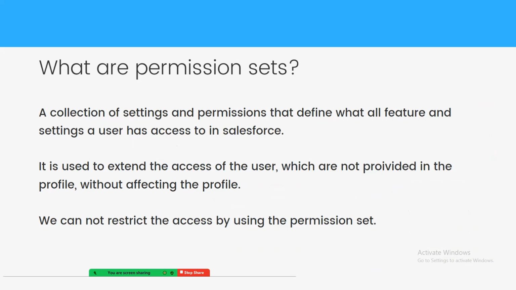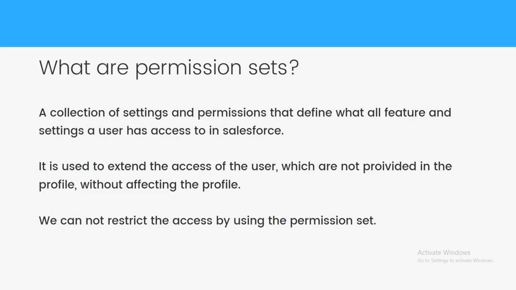Now the question comes, can we restrict the access? No. A permission set cannot be stricter than the profile, because the profile is the baseline, whatever access the profile has, you will be getting that. Now you cannot restrict those access or those permissions, but you can only add to it with the help of permission sets, and there are other things like sharing rules, etc. for sharing records.